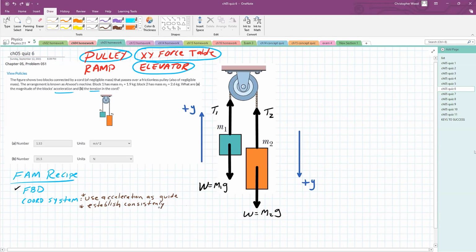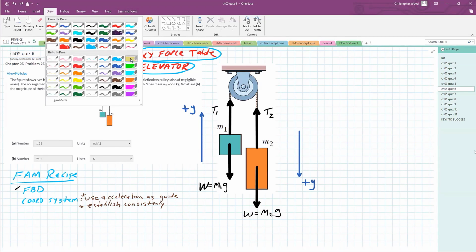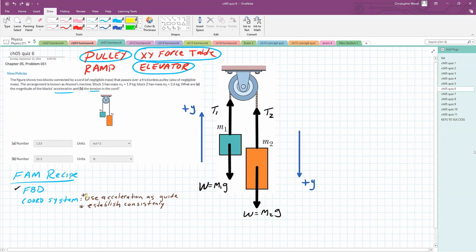This is what I mean. First of all, using acceleration as a guide. I explained it once, I just want to go over it again. I do know the direction of acceleration because M2 is greater than M1. Maybe it's the opposite for you, but because M2 is greater than M1, for sure this is going to accelerate downward, and this is going to accelerate upward. That's me tapping into what I know about acceleration. Are they consistent?